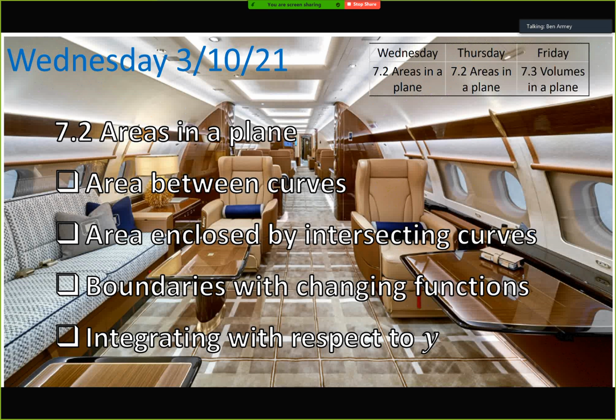All right. So today is 7.2, and right now I have this set to be due Thursday night by midnight, which should be fine. And then Friday we will start 7.3. I have it set right now for Friday, Monday.